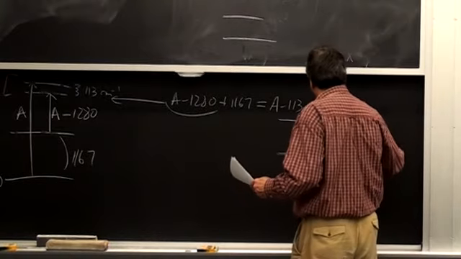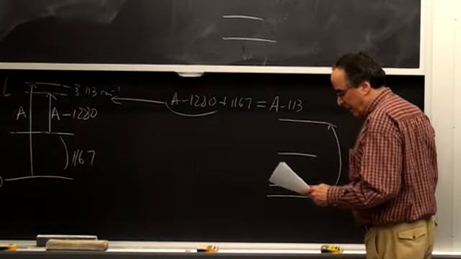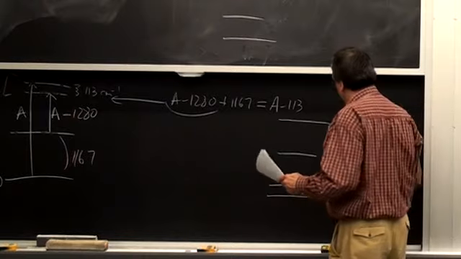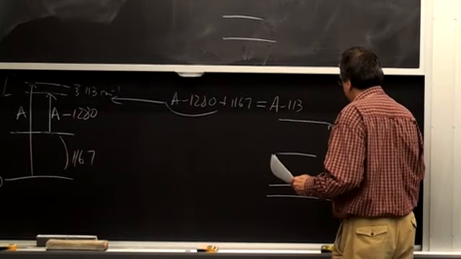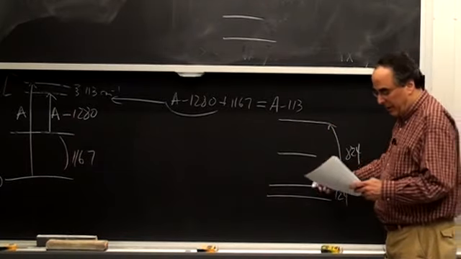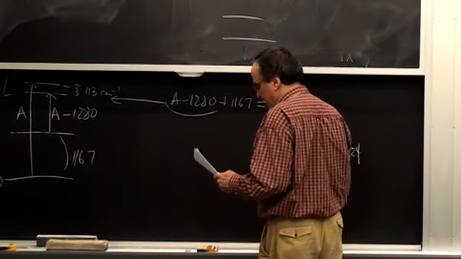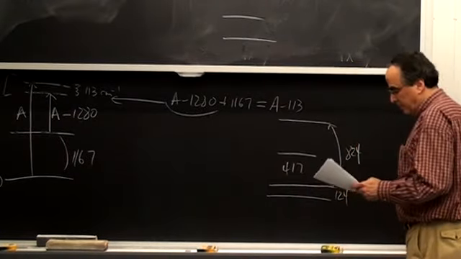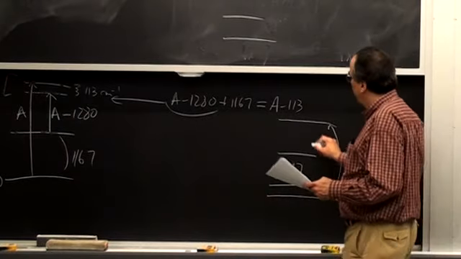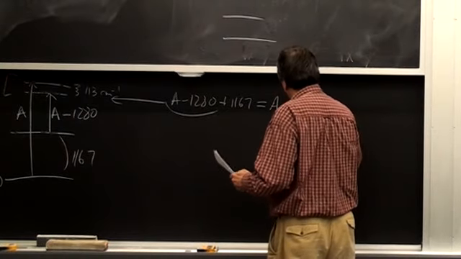And going from here to here is the 824. And then here's another level, 417. And 407.